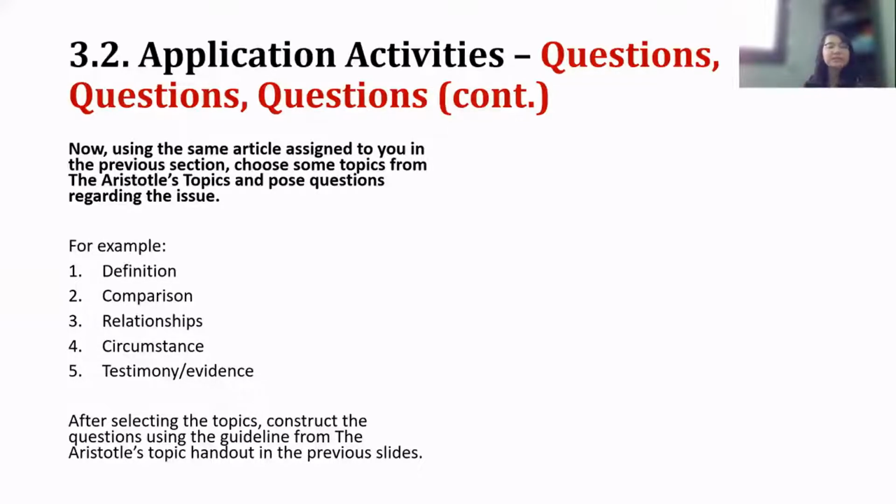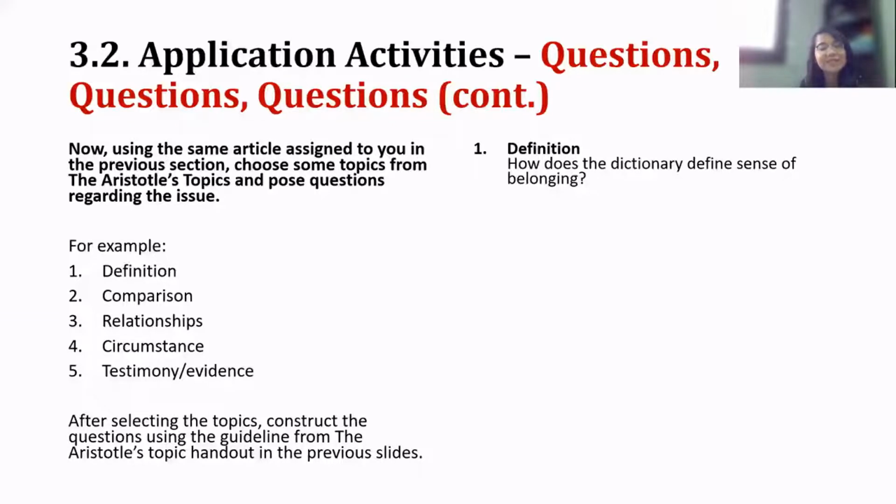I will present you the examples using Aristotle's topics, and we are still talking about the point of school uniform, the article that we read previously. About definition, how does the dictionary define sense of belonging? You still remember, right?